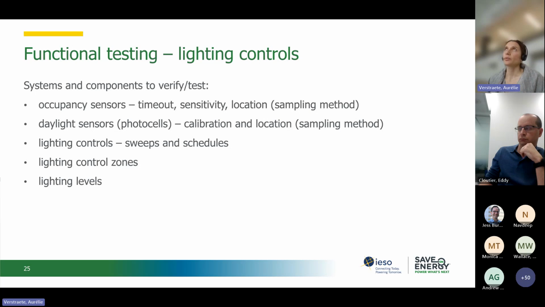Well, I would say that if you see that there is a recurrent problem happening in your sampled rooms, maybe you can say that it should be general, like in the whole building. So maybe you could give advice to the owner and say that we are going to do the whole building because we see that there is a major problem for local controls, or maybe there is a repetitive error in programming, for example.